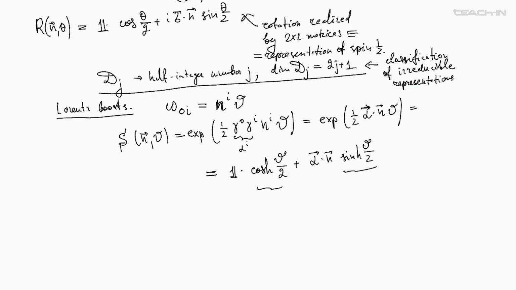Now, since in the Dirac representation the matrices alpha I are block off-diagonal, these spinors phi and chi, these two-dimensional spinors which I introduced above, mix under Lorentz boosts.